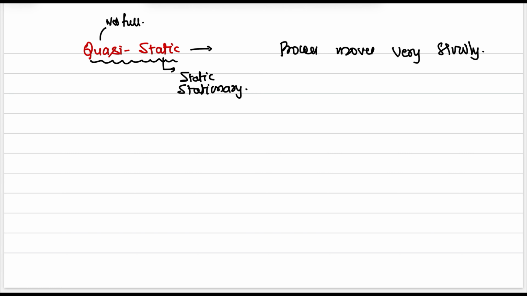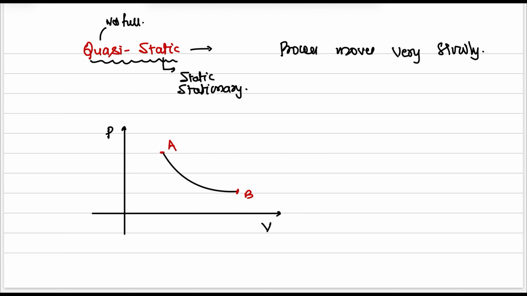From state 1 to state 2, like this. Famous PV diagram. From state A to state B, the process is very slow.